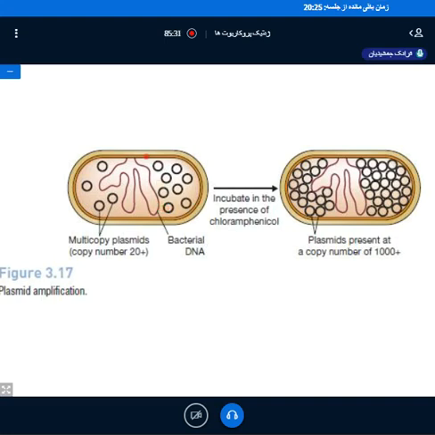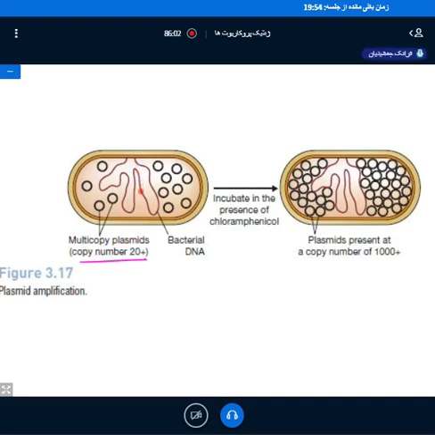If we increase the plasmid number, we can extract them better. For example, in the normal cells, we have about 20 plasmids.